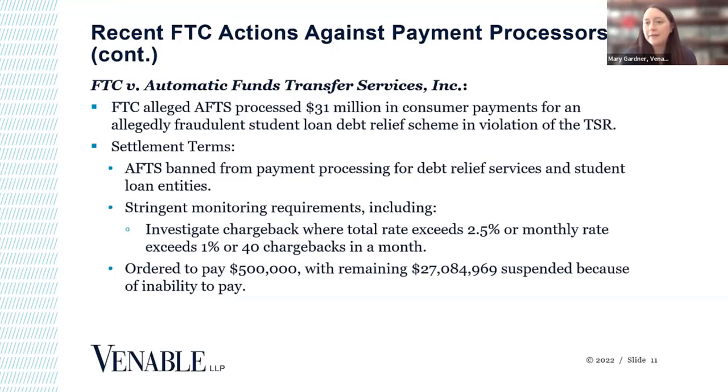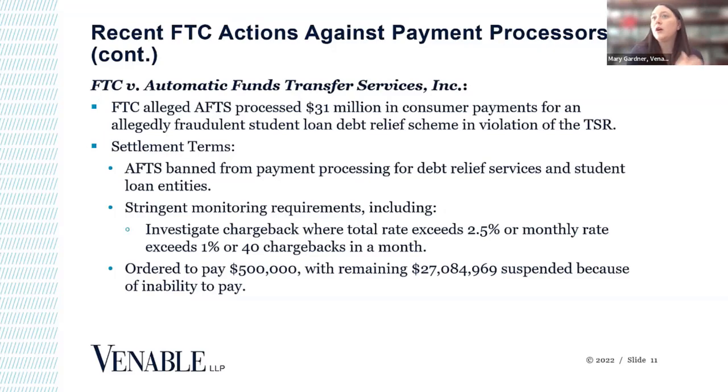The FTC highlighted that the merchant had very high return rates, that there were a large number of consumer complaints, that certain of the merchant accounts were opened with fictitious companies and owners, and that there were pretty readily apparent violations of the TSR that Automatic's compliance officer had flagged in memos, but had not been otherwise addressed.